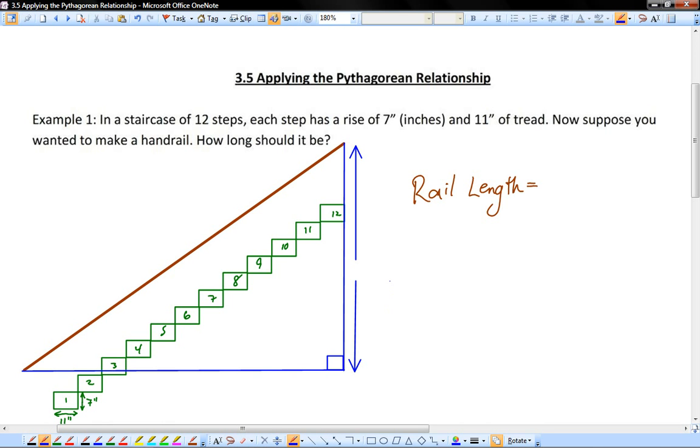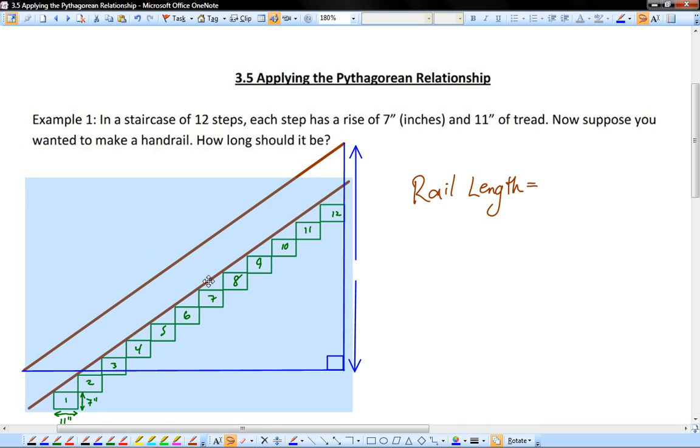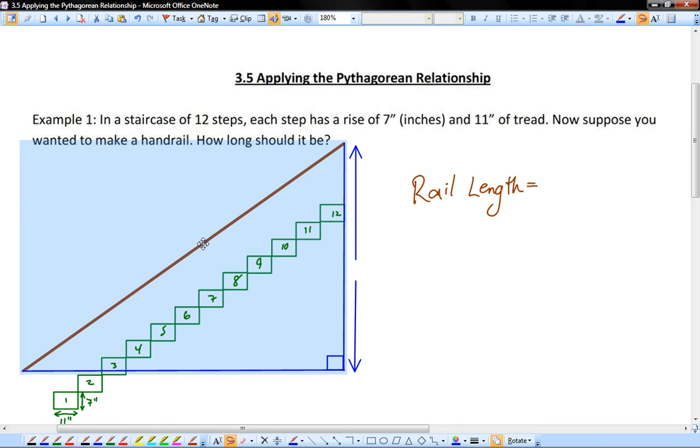First of all, vertically, for this handrail, it's not 12 times 7 inches, it goes a little bit beyond that. It's actually 13 times the 7 inches. I've done that so that there's that extra little bit at the top and at the bottom. So 13 times 7 inches is the vertical component to this handrail.